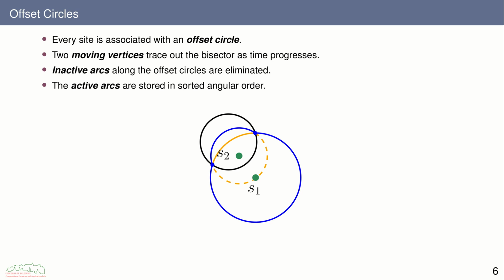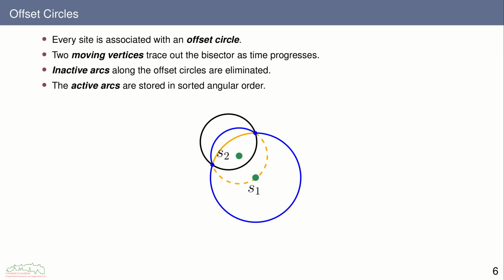All other arcs in this constellation, even the one indicated by the solid orange line, are active, as they currently are part of the wavefront or may contribute to the wavefront at a future point in time. Thus, an active arc does not necessarily coincide with a wavefront arc.